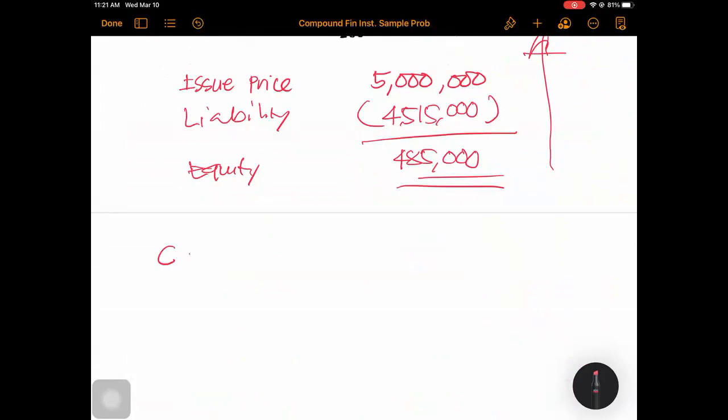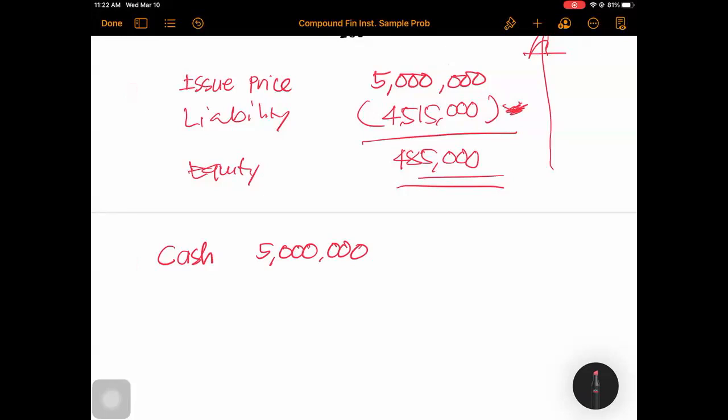Okay, what's the entry upon issuance? So, cash, siyempre at par ang issue price nato. Sa debit, discount. Because this is now the initial measurement of our bonds: 4,515,000 and the face value is 5 million.